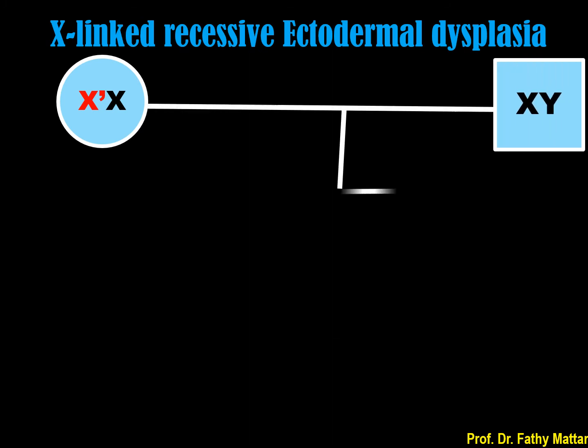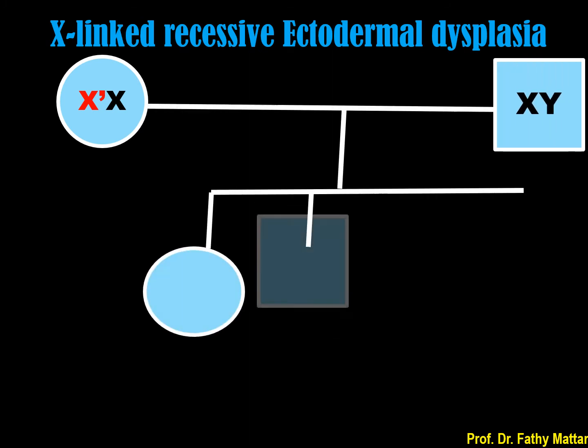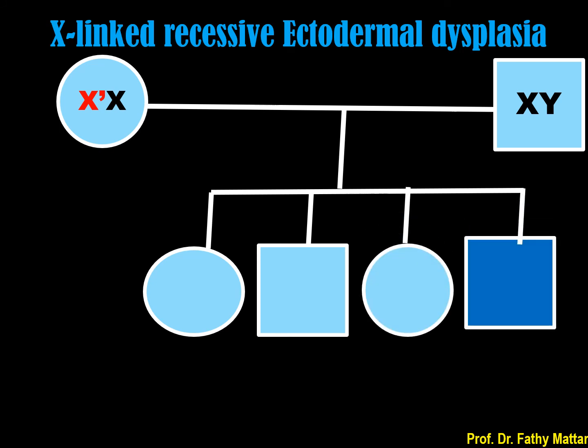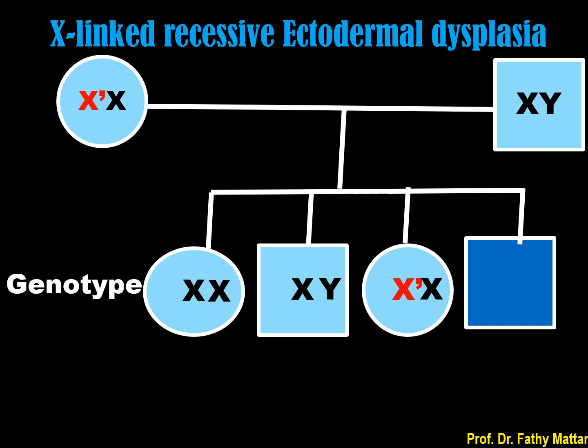Let's take the X-linked recessive ectodermal dysplasia case, and we look at the family like we have seen last time, and here the red X means that it carries the recessive trait. Now, the genotype will have black, normal, black Y, normal, black, and this is heterozygous, and as it is recessive, it will not show the trait.